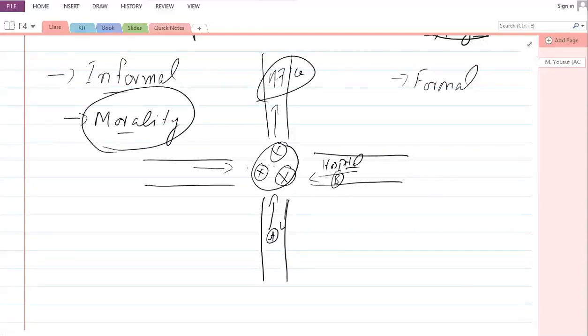So if none of them is going to reach their destination, this means that their rights are violated.